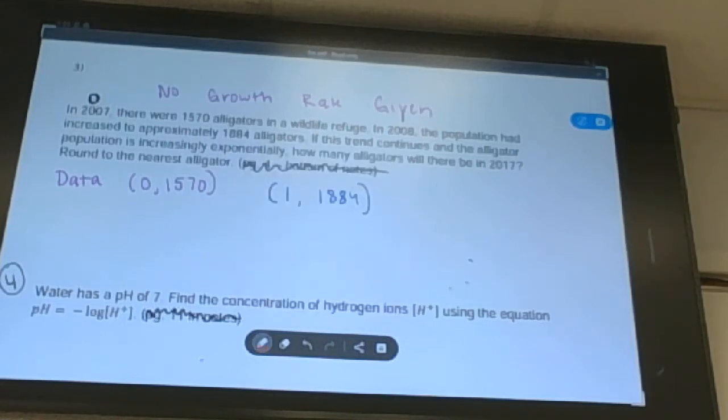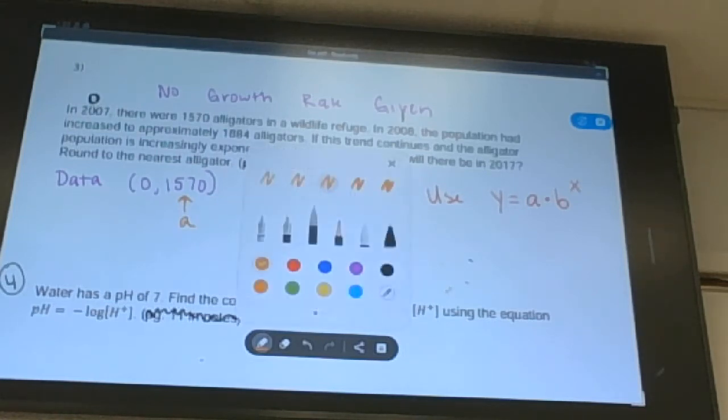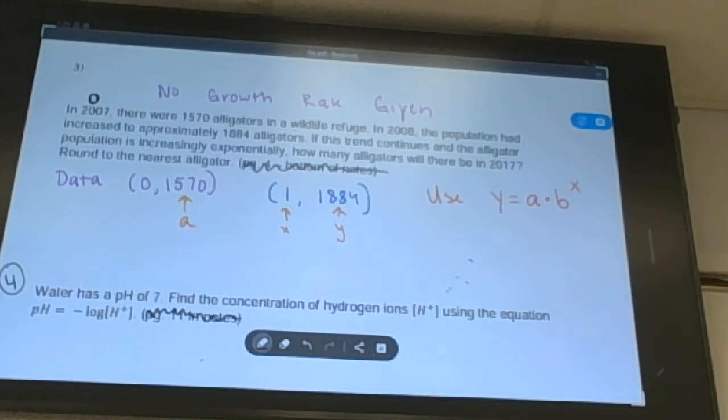So we're going to pull from our memories this model here, A times B to the X. Wait, where's the B there? We don't know B. Oh, okay.